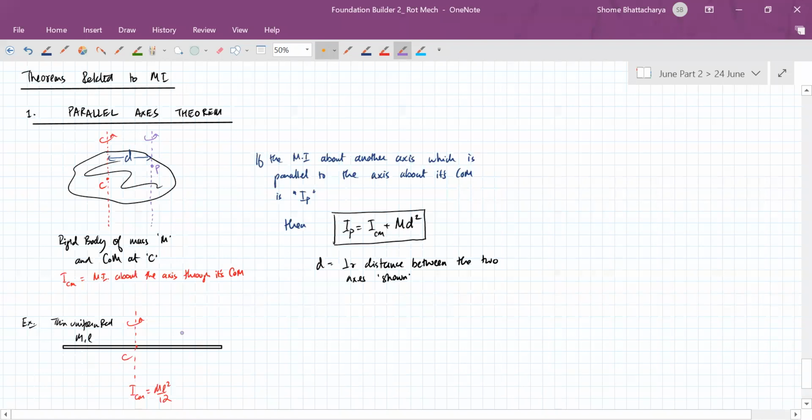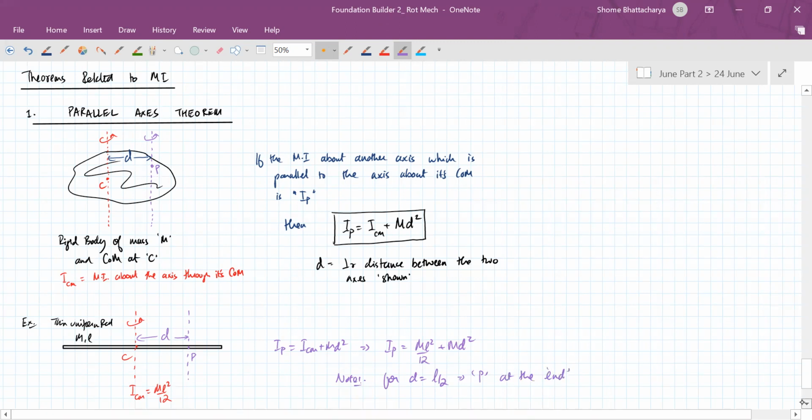Now if we consider any axis which is at a distance d like this over here and parallel to this one, this should become ML square by 12 plus MD square. And additionally, for d equal to L by 2, P is at the end of the rod.